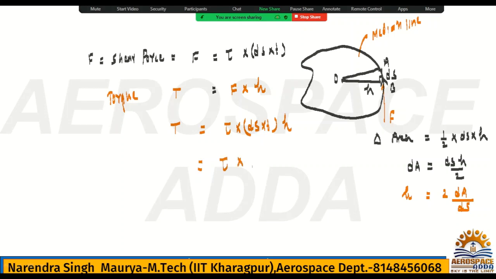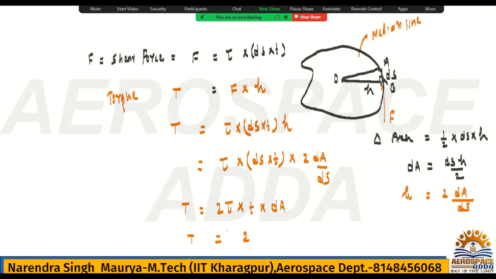So tau ds into T into H is nothing but 2 dA divided by ds. So ds cancels out. T is equal to 2 times tau into T into dA.